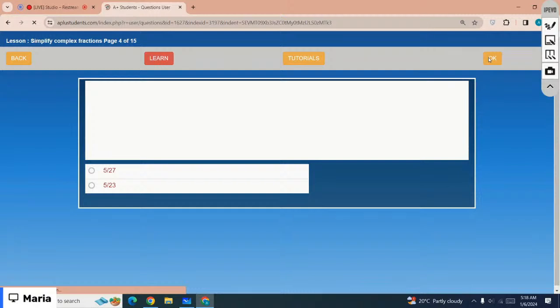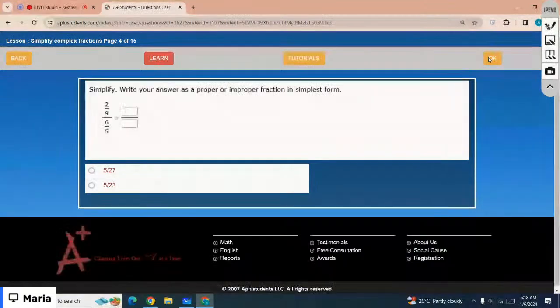Next one is simplify. Write your answer as a proper or improper fraction in simplest form. Which is the correct option?